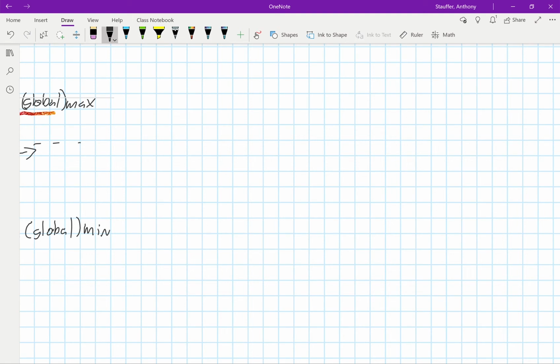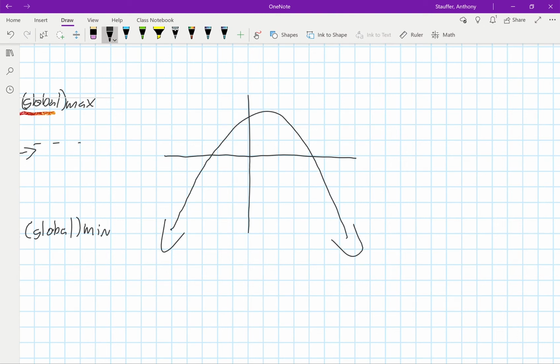So again, what I'm going to do is try to draw a more straight line. I'm getting better. And we're going to draw a graph that basically is just going to go up and then go down.